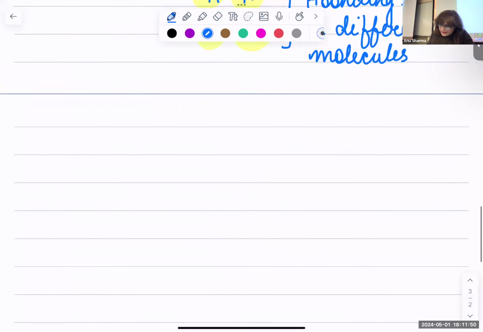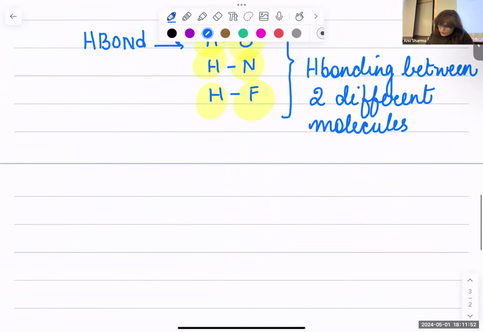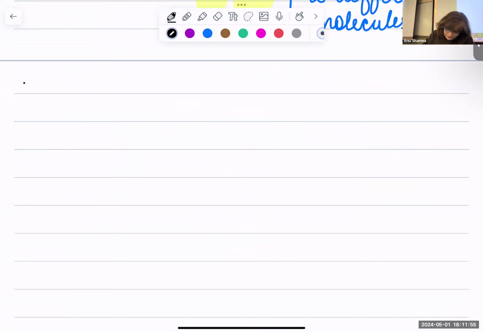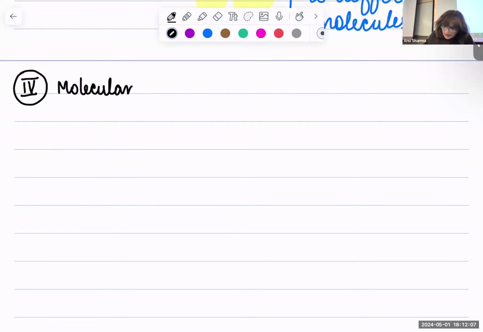All right, next we are going to look at balancing the molecular equations. So identifying the products is something you absolutely should know.